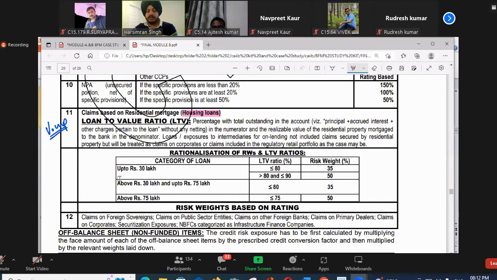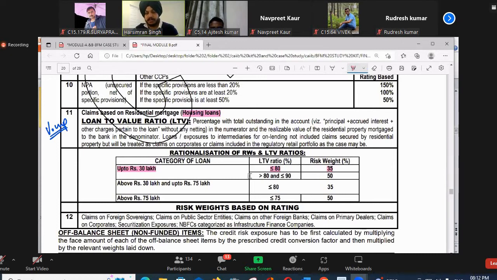If you have given a housing loan which is up to 30 lakh, where LTV ratio is less than or equal to 80%, that means 80% financing, loan divided by value into 100. LTV means, if the value of house is 1 crore, you have given 80 lakhs as loan, that means LTV ratio is 80%. For a loan up to 30 lakh, if the LTV ratio is equal to 80 or less than 80, the risk will be taken at 35%.